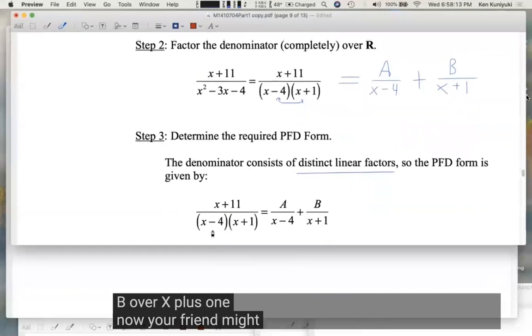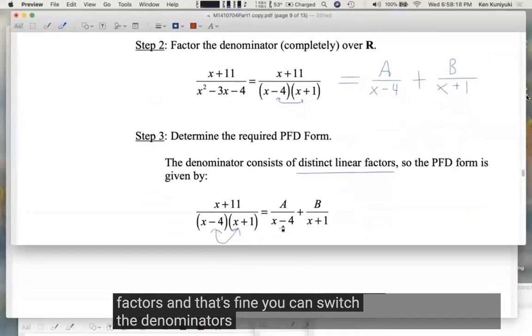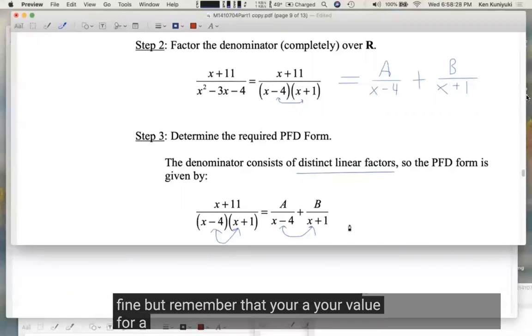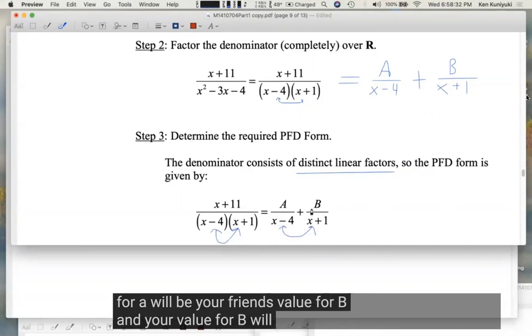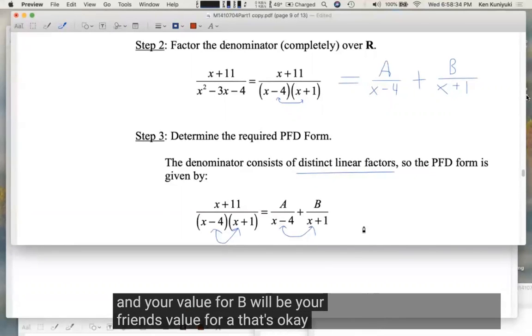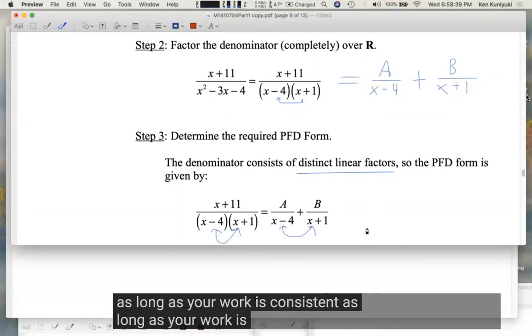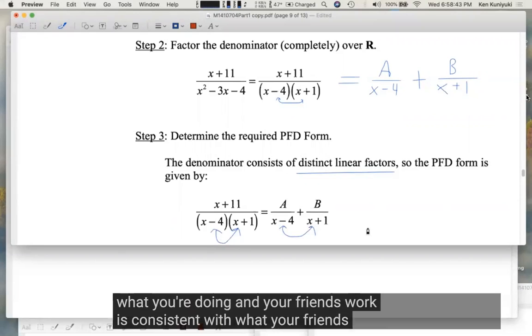Now, your friend might have switched the factors. And that's fine. You can switch the denominators down here. But remember that your value for A will be your friend's value for B, and your value for B will be your friend's value for A. That's okay as long as your work is consistent with what you're doing and your friend's work is consistent with what your friend is doing.